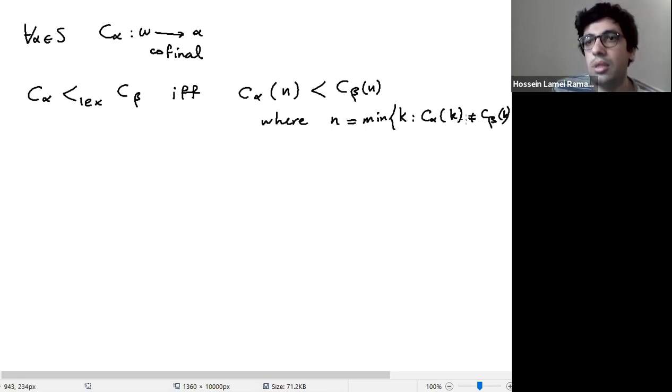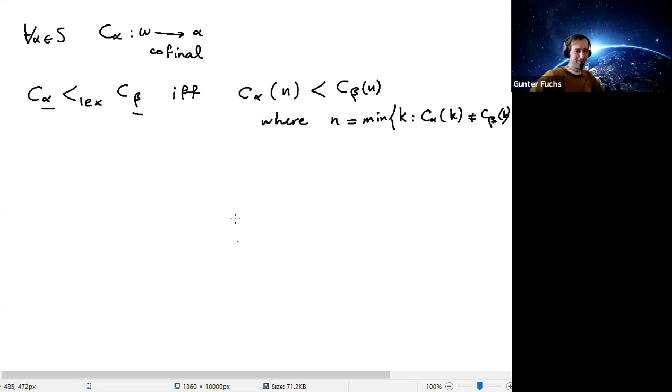Okay, I see. So the first place that they differ, we look at that component and see which one is above. And of course, whenever you are dealing with distinct C alpha, C beta, such an n exists. All right, great, thank you.